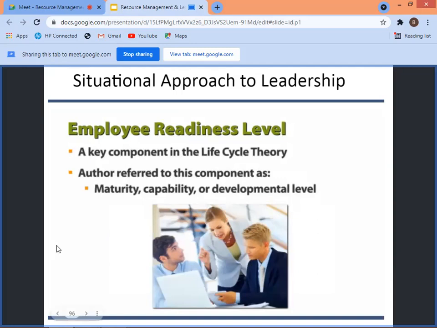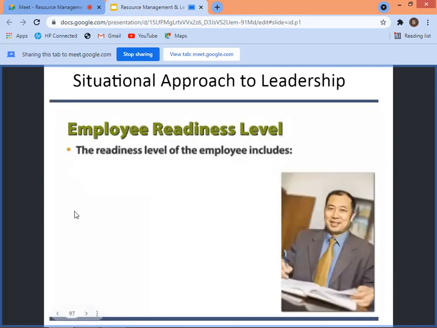So the employee will start from 0 and move up step by step. This is what you call development. As the employee develops, the employee will become mature, gain experience, gain knowledge, gain capability, and move up the readiness level.